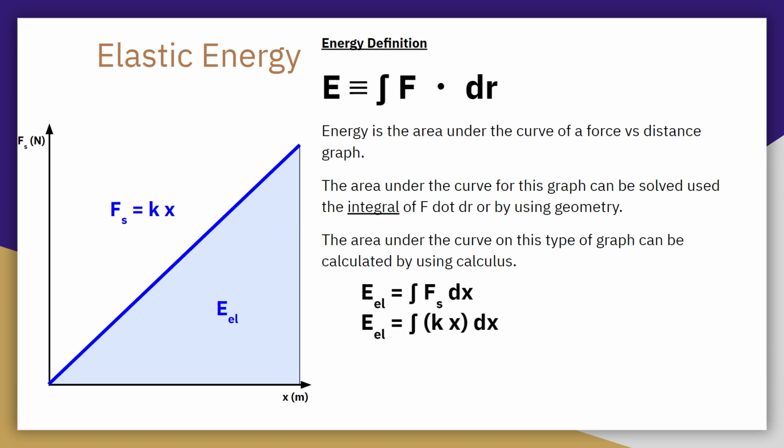Our restoring force of the spring is kx, so elastic energy is equal to the integral of kx dx. When we solve for that, it's 1/2 kx squared is equal to our elastic energy. The exact same equation, solving it geometrically or using calculus.